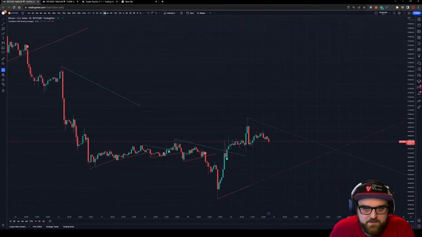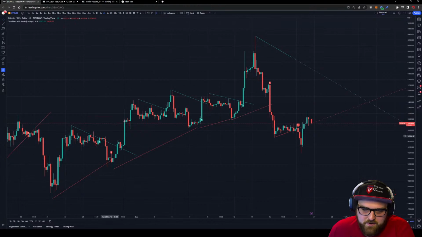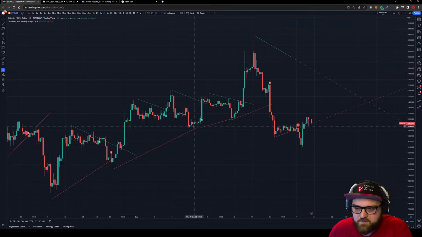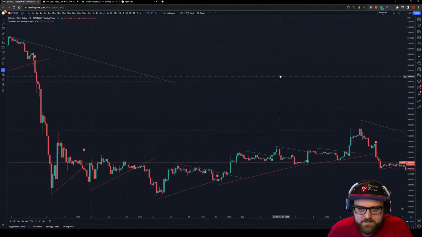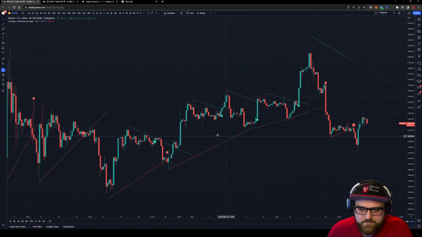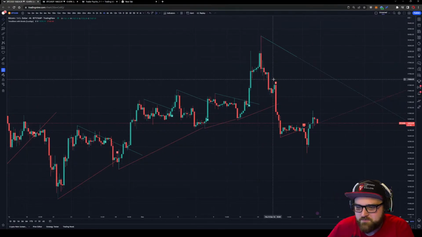If we go on a higher time frame, let's say 4 hour, you're going to get more wonky things. A lot of people, like Crypto Crown, say that most of the time Bitcoin just rides off of wedges and counts off of breaks.